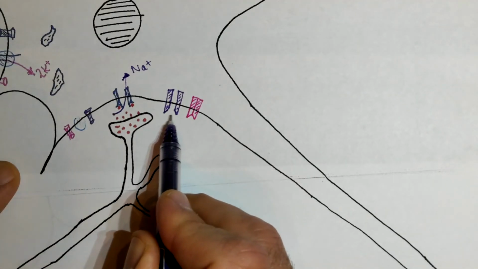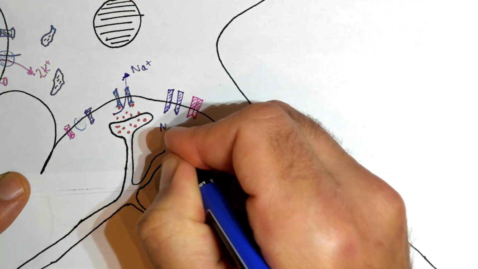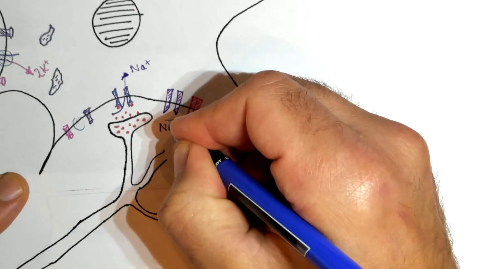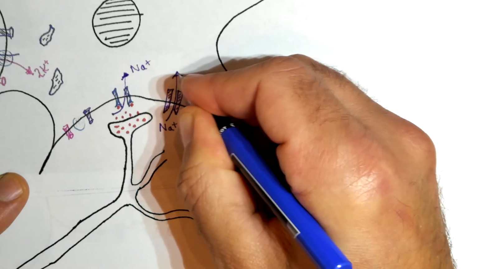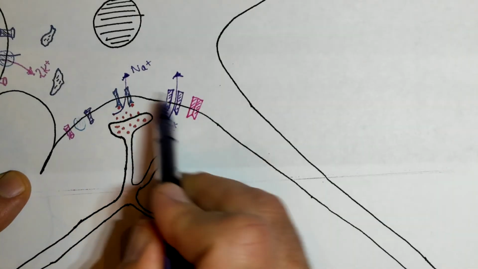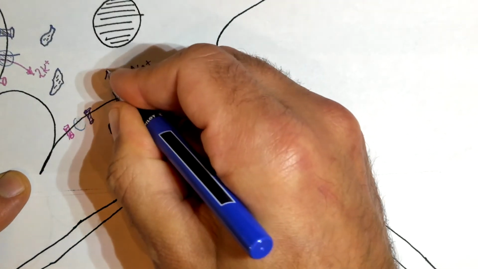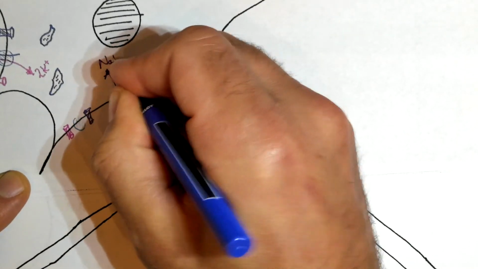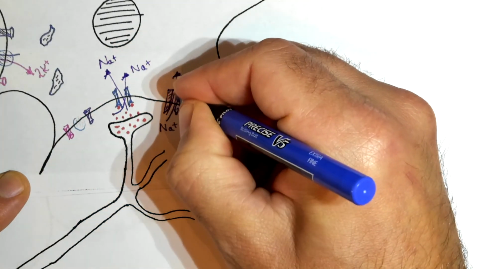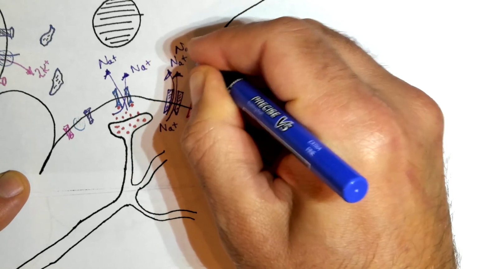The voltage-gated channel for sodium opens, and that's going to cause sodium to enter through the voltage-gated channel. That means you have even more sodium coming in, not just from the ligand-gated channel, but also now from the voltage-gated channel. And sodium starts to come into the cell.